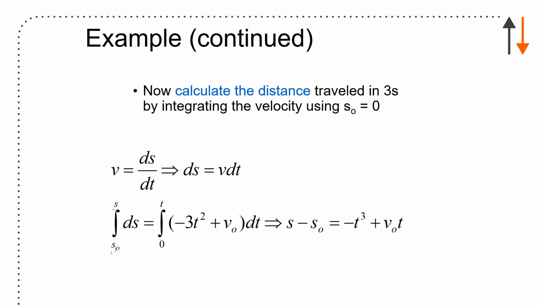The distance traveled is s minus s naught. If I do the integral, it's minus t cubed plus v naught t plus an integration constant, but I don't need to include it because it disappears in the difference. S minus s naught ends up with a distance, which I could call delta s, and that's 54 meters.